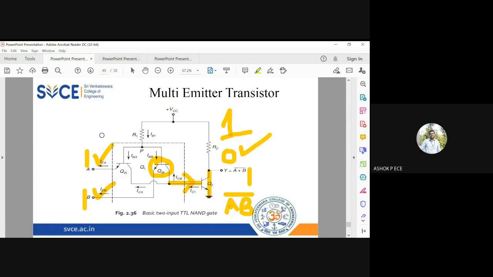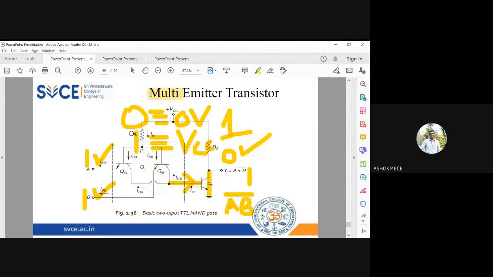See, 0 and 1 means don't think that I'm giving 0 volt and 1 volt. No, please don't confuse the binary logic with voltage. Binary 0 is equivalent to 0 volt. Binary 1 is equivalent to VCC. Whatever highest voltage you give for the circuit, that is going to be VCC.